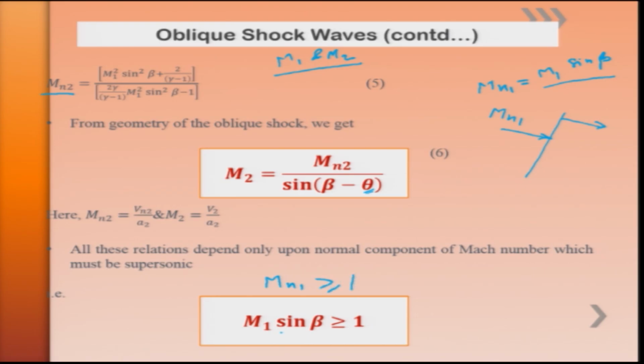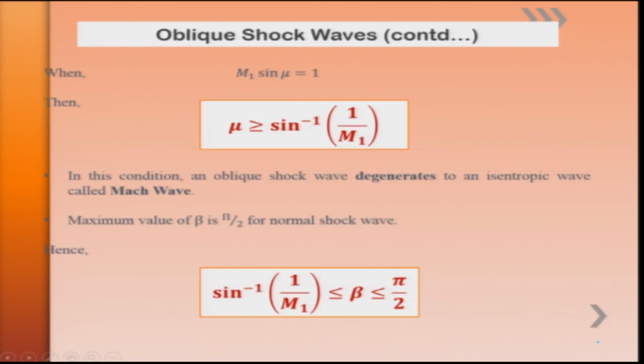This gives very important and useful information, because we can rewrite it as sine beta greater than or equal to 1 upon M1, and hence beta is greater than or equal to sine inverse of 1 by M1.